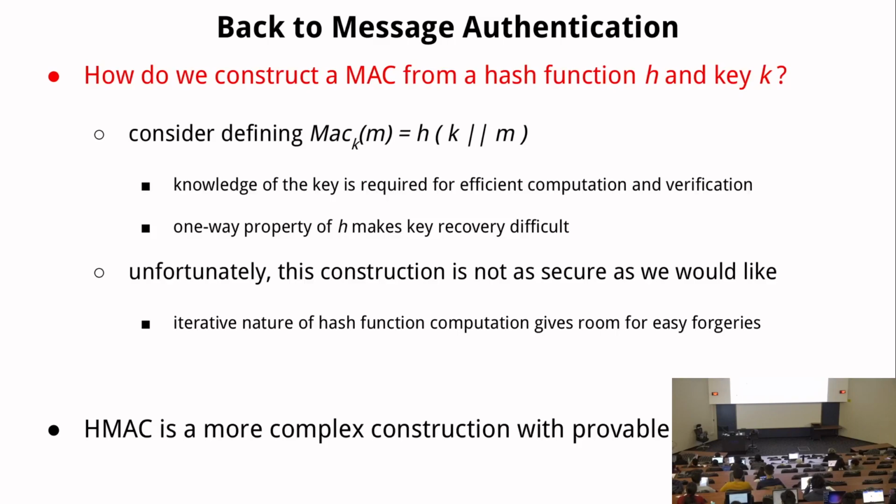So this is a very naive design. It is proven that this design is not secure. It can be easily forged. That's why now we have a standard using hash functions to build a MAC, and that's called HMAC.